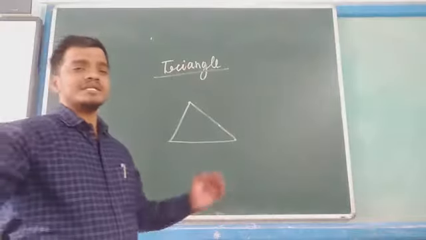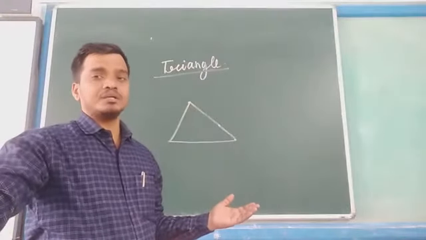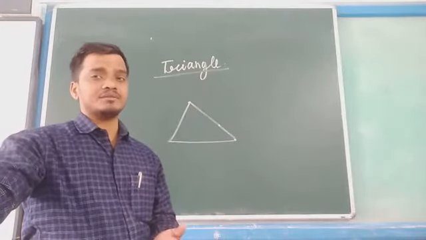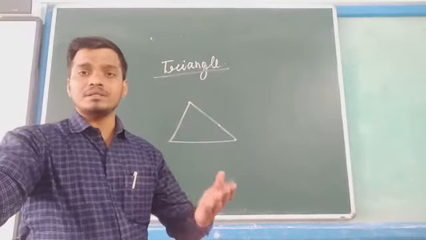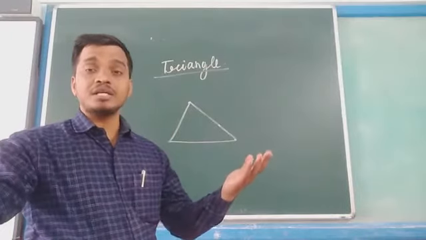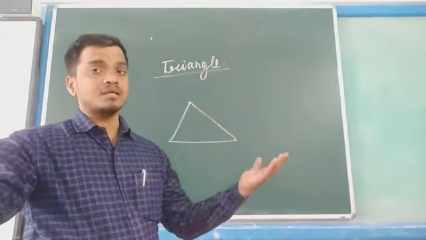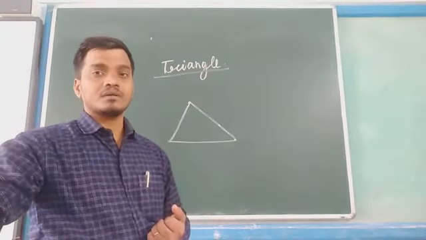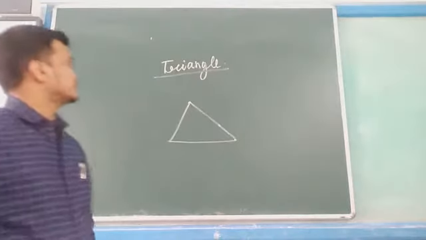Otherwise, you can give an easy definition: a closed figure which contains three sides is known as a triangle. Otherwise, a type of polygon which contains three sides is known as a triangle. So three sides are there.